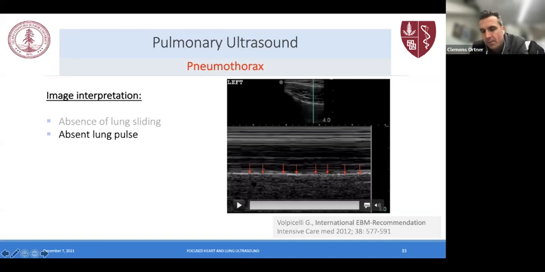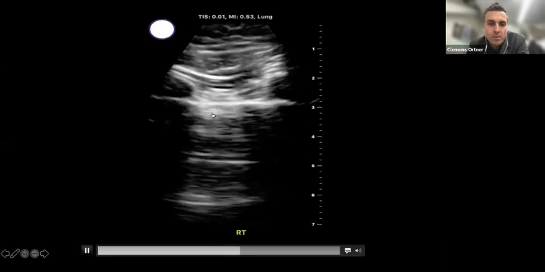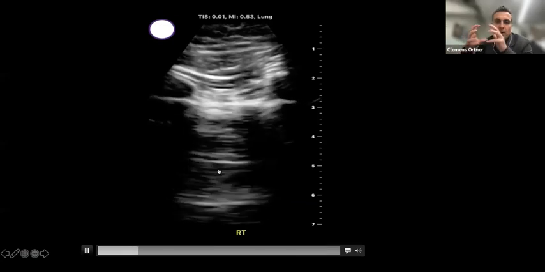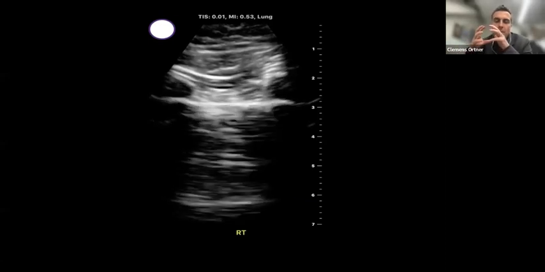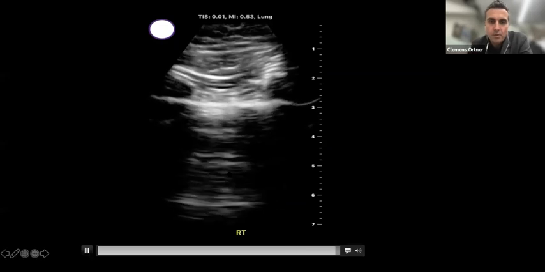It's even easier to see when you also have an EKG tracing on your ultrasound. So a lung pulse indicates a healthy lung, and in a pneumothorax, there's an absence of the lung pulse. The lung pulse can also sometimes be seen macroscopically. With every heartbeat, you see this impulse on the lung, and this is also called lung pulse.